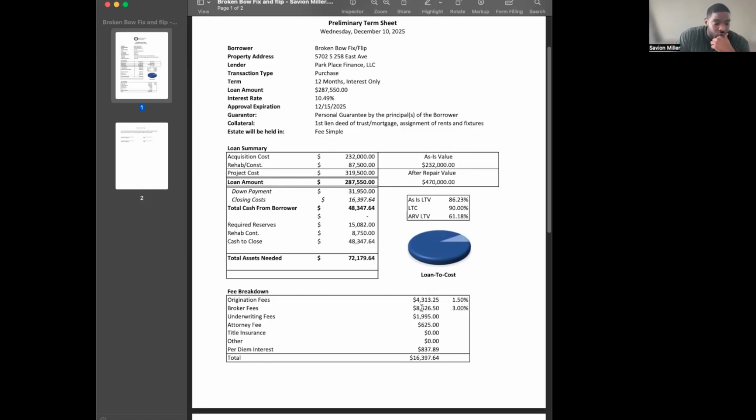And you can be the one charging a broker fee of 3% and making $8,600 on this deal. And the thing is, you get paid at closing. You don't get paid when they build or finish the flip, right? As soon as the loan closes, you get paid.